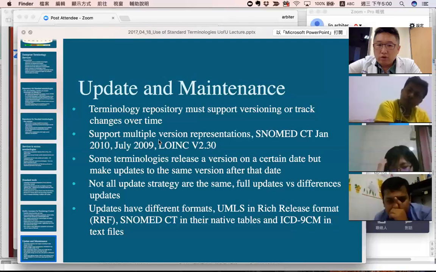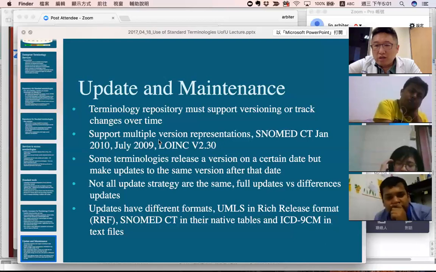My strategy is that we wait maybe four years, until the LOINC committee has distributed a stable version. Then all the hospitals can just move from the oldest version to the latest one.